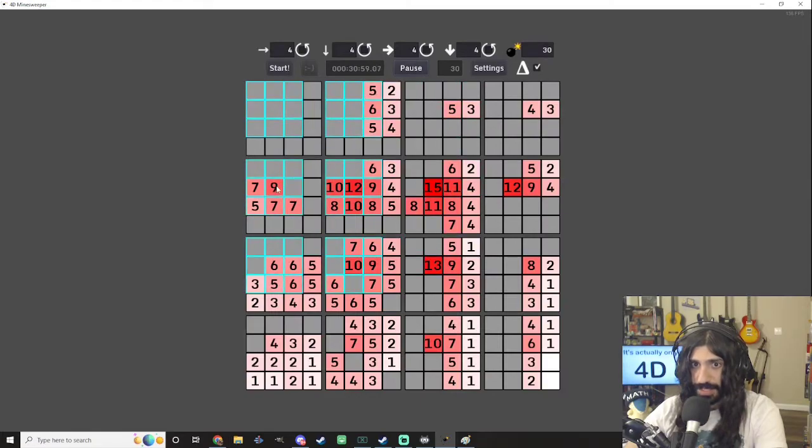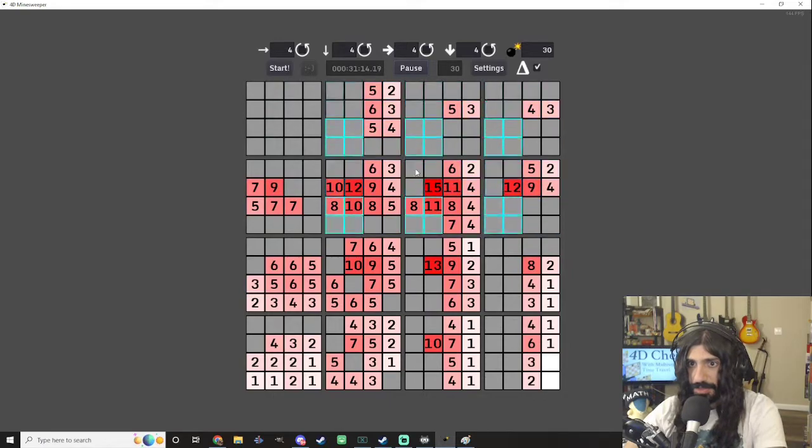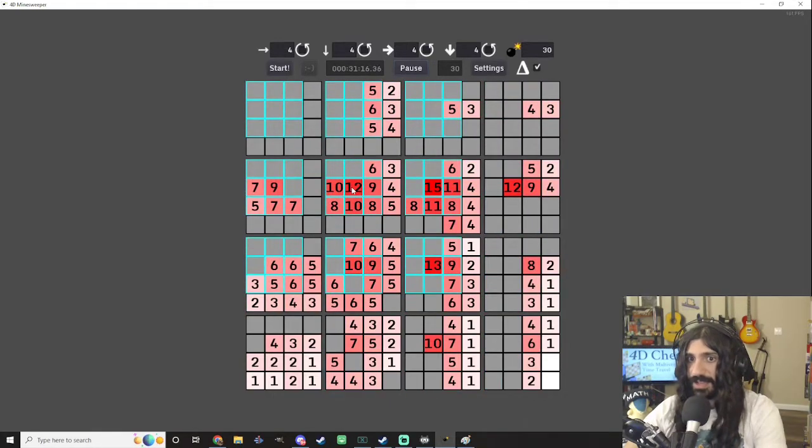Now, between this cell and this cell, the number of squares that this guy sees that this guy doesn't see are these cells. And we know that there are three bombs in the cells that 12 sees that 9 doesn't see.